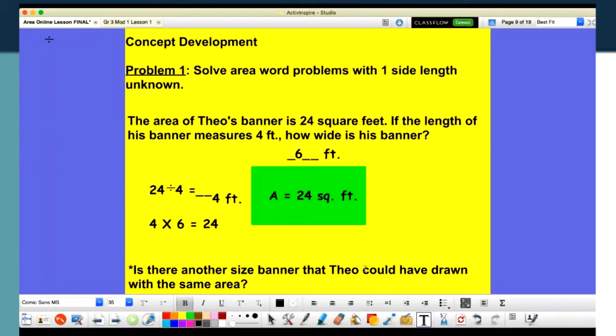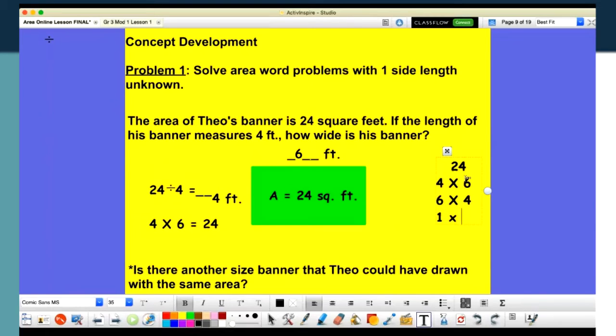So think about earlier when I did the anchor chart, if you're given a total, what are some facts that equal that number 24? So we know 4 times 6 because we just did that, and therefore 6 times 4. Can you think of any other facts?